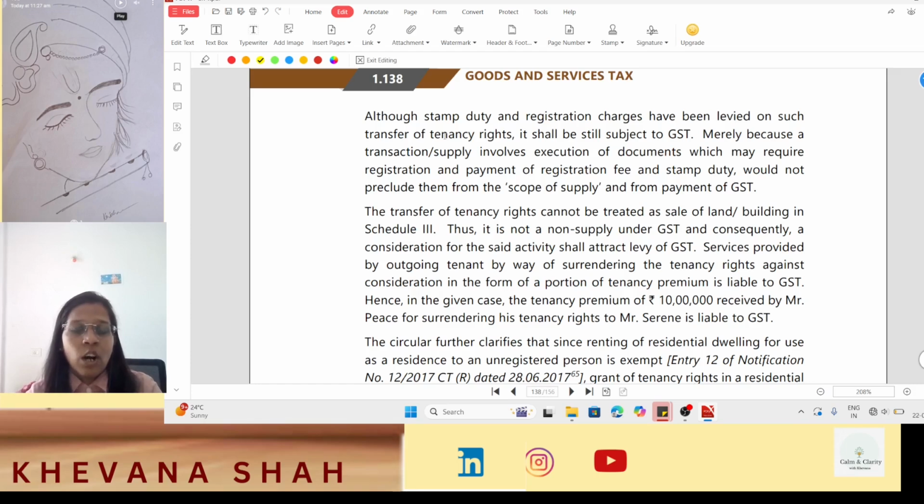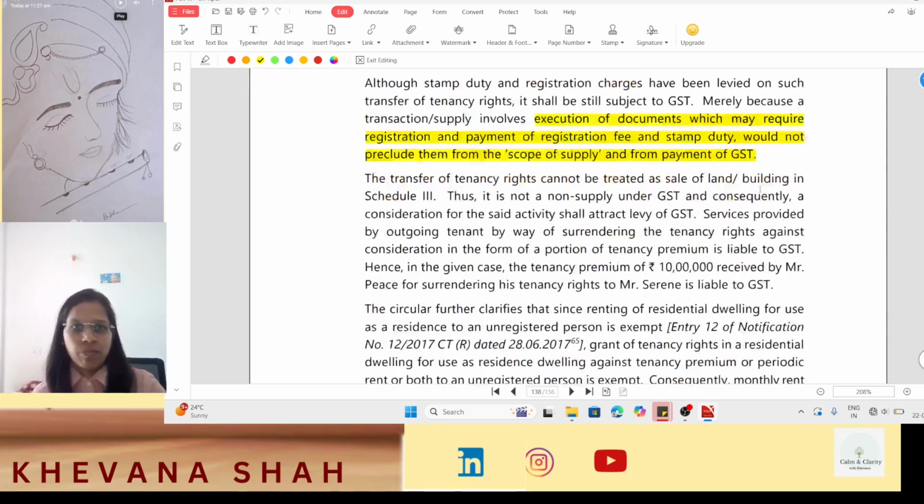Now, although stamp duty and registration charges have been levied on such transfer of tenancy rights, it is still subject to GST. The levy of stamp duty and registration charges will not take it out of supply. Just because it involves execution of documents which may require registration, it would not preclude it from the scope of supply and from payment of GST.